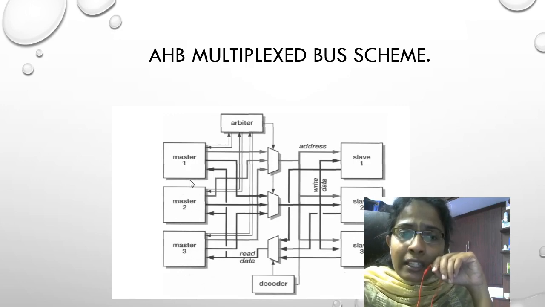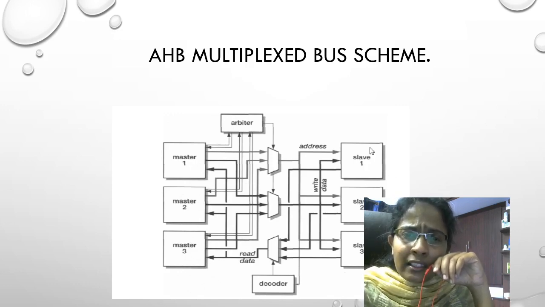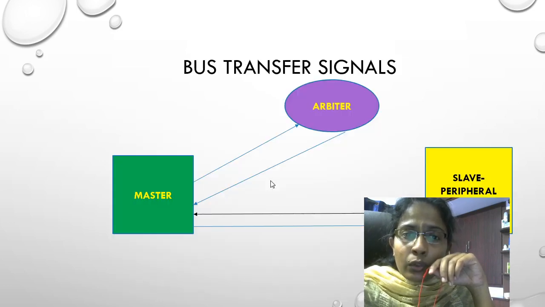Here the master can be on the processor side, and the slave can be an external device. And the arbiter, as I already told in the previous slides, is responsible for providing priority to the bus requests if there is any conflict between requests. So we'll be seeing the use of the arbiter.